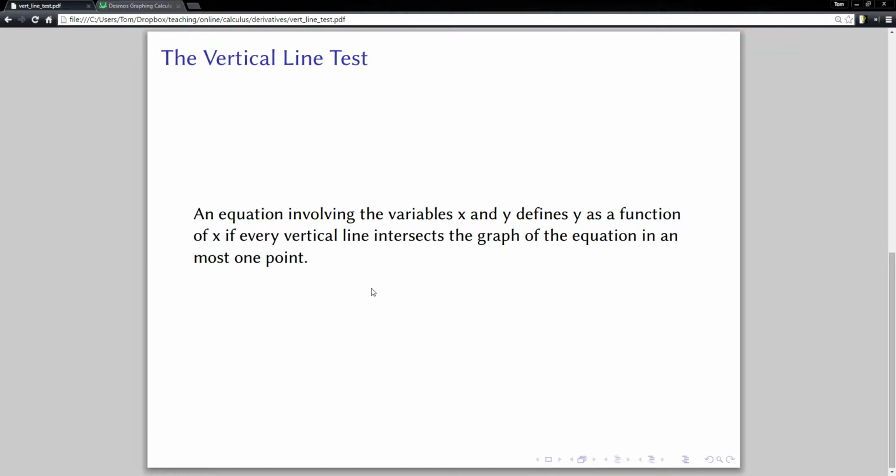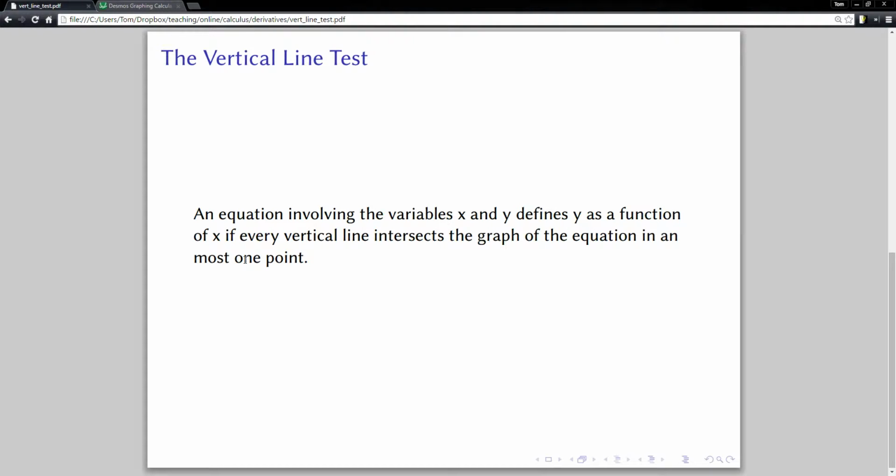If it doesn't intersect the graph, that's fine, there's no issue there. But if it does intersect the graph, it needs to do it in at most one point. So one point's fine, no points are fine. But the minute a vertical line intersects the graph in 2 or more spots, then the graph of that equation fails the vertical line test, and that equation will not define y as a function of x.